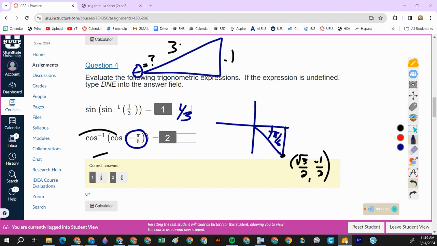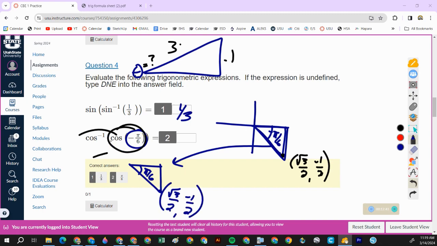Okay, and the angle is negative pi over 6. That draws a triangle. Now I take this triangle and I remove it from the coordinate plane, right? So this angle is now pi over 6. So this is still root 3 over 2, comma, negative 1/2.